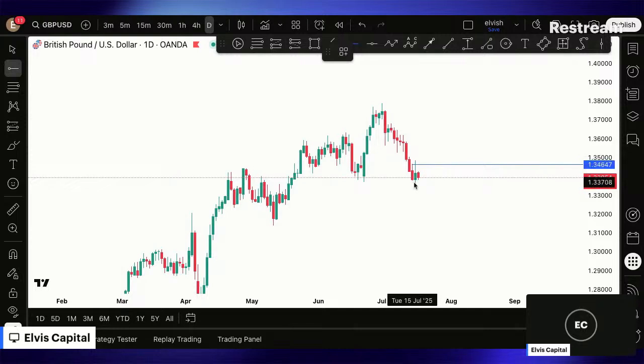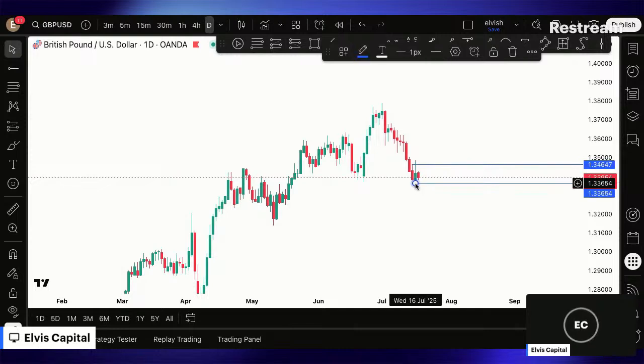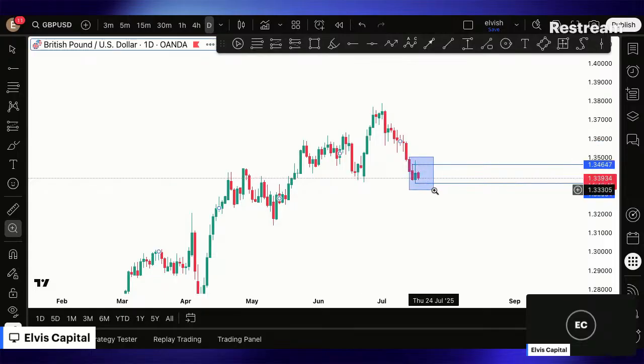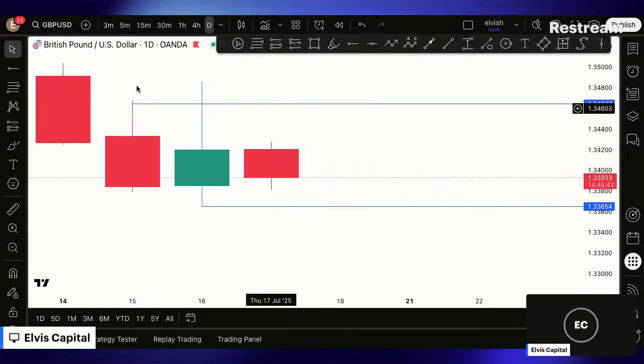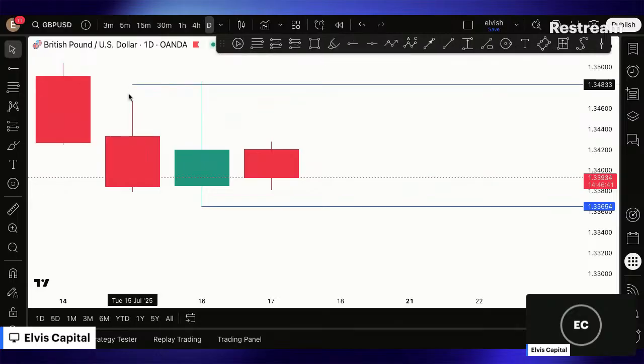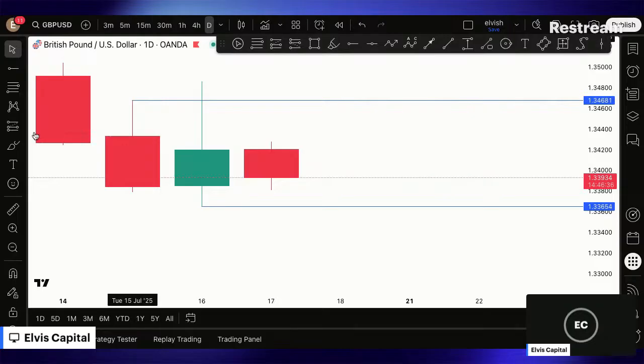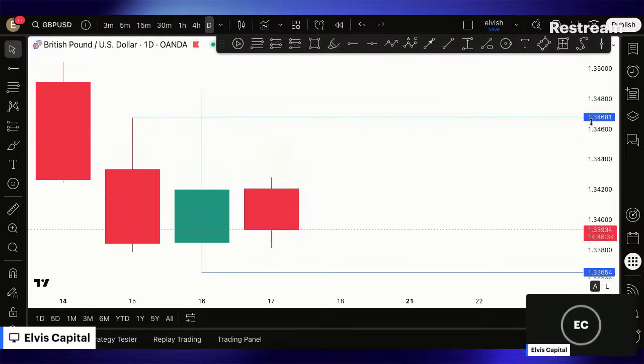Let's mark that out and include that too. Let me zoom in and make these areas a bit clearer.